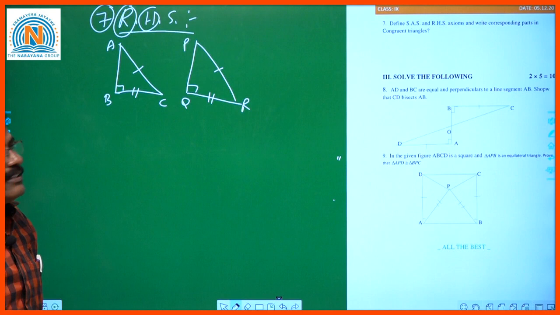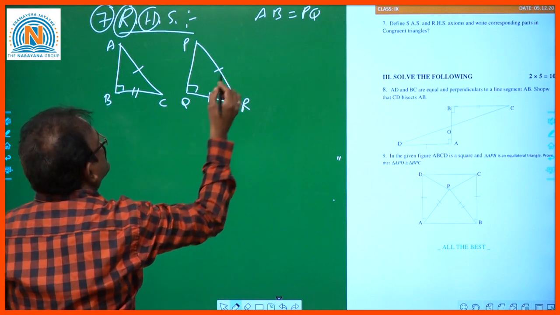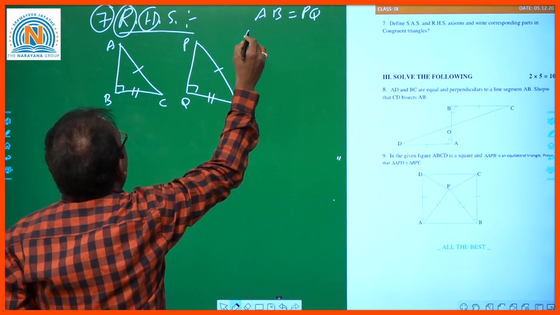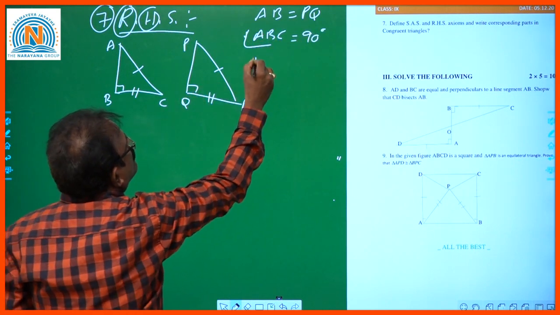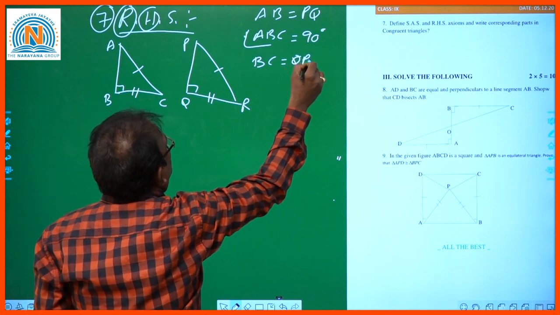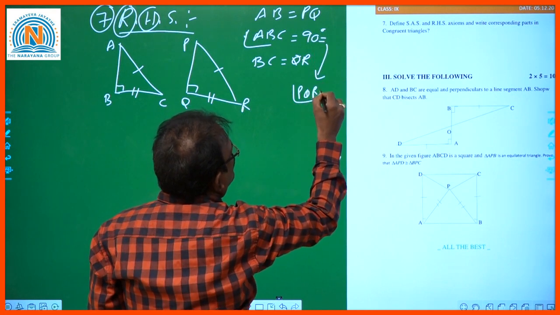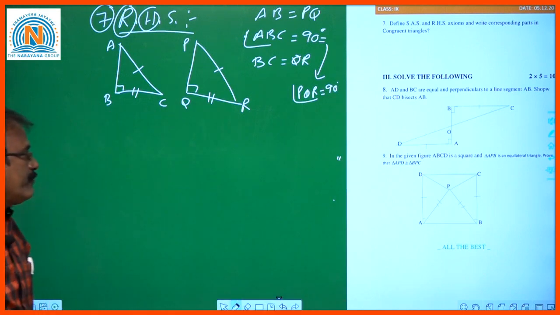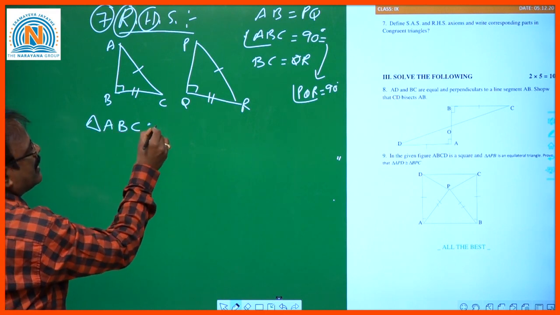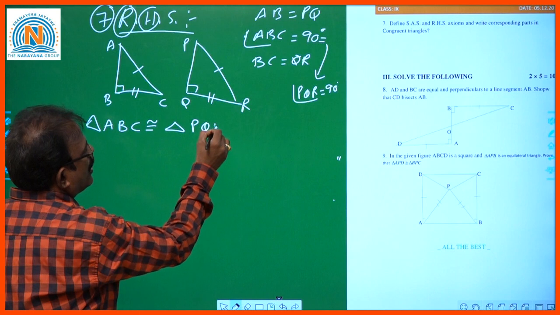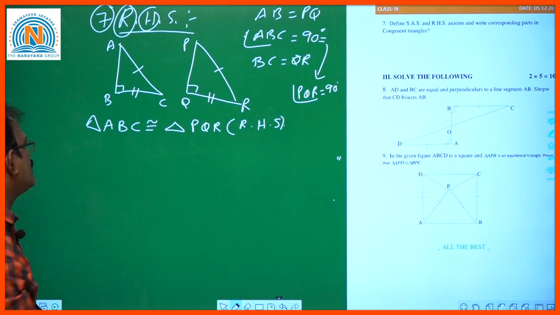So here what is given? Our observations: AB is equal to PQ, angle ABC is equal to 90 degrees and BC is equal to QR, and angle PQR also 90 degrees. So from RHS axiom, triangle ABC is congruent to triangle PQR because of RHS axiom. What is the definition?